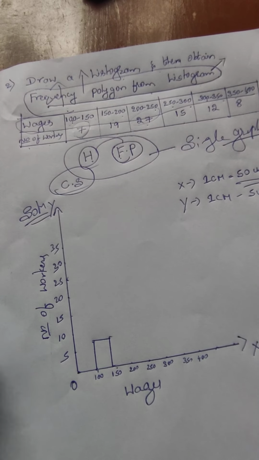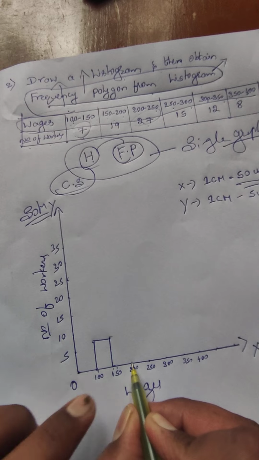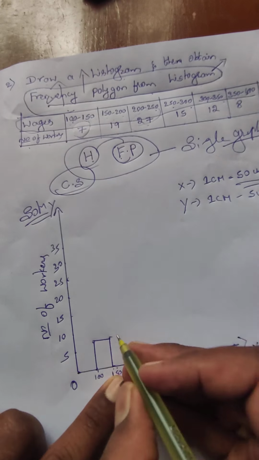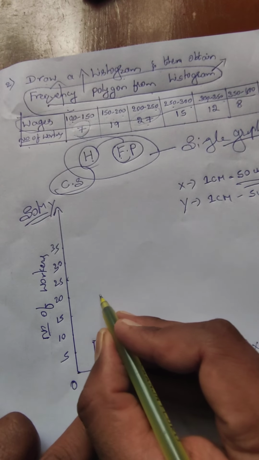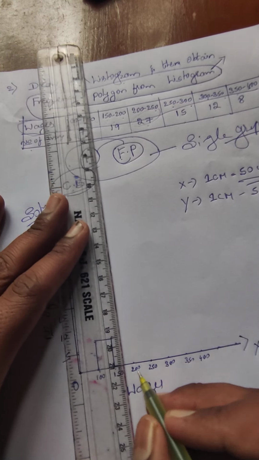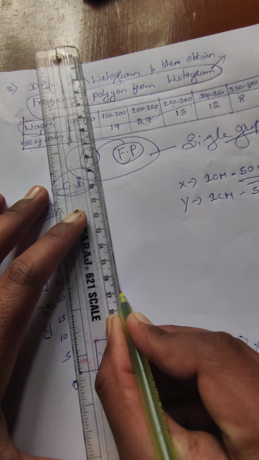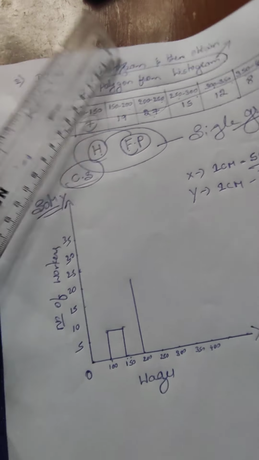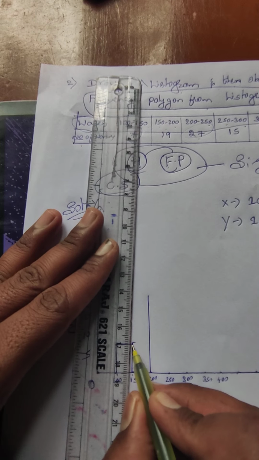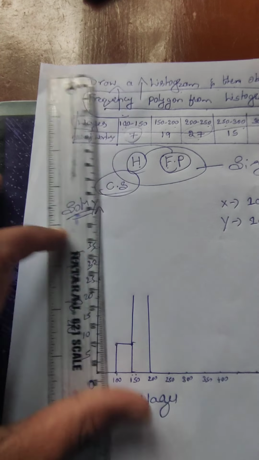Okay students, next 150 to 200, the number of workers is 19. You have to mark 19. Next we have to connect to the previous class interval.